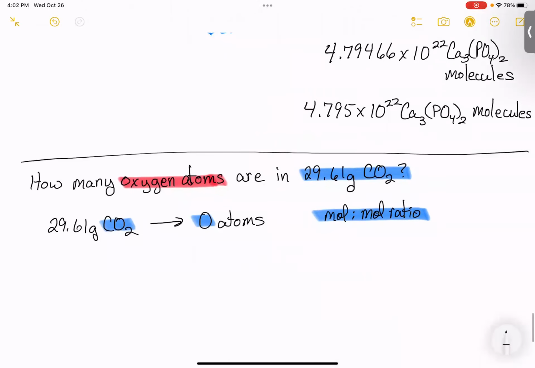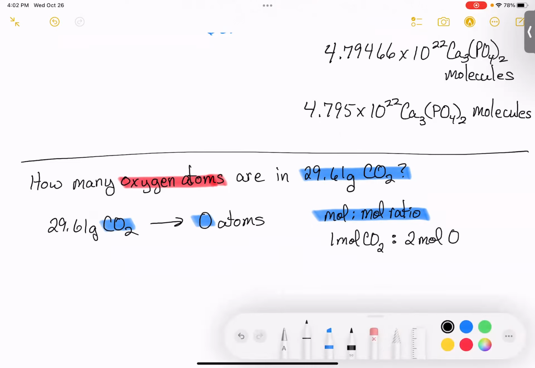According to the formula of CO2, for every 1 mole of CO2, there are 2 moles of oxygen. I had to use a mole to mole ratio in this case because we are dealing with 2 different substances.